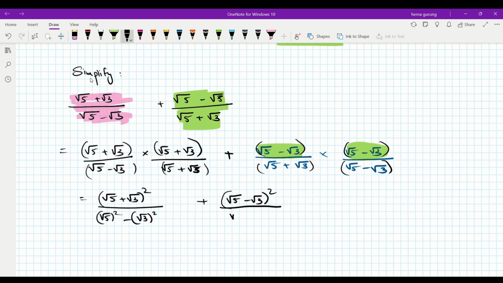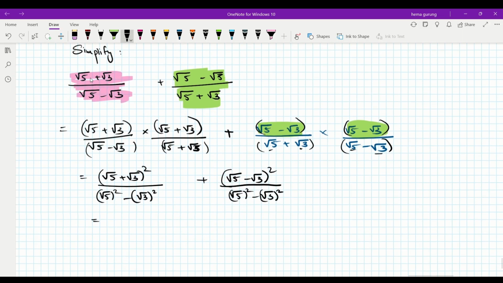Now again, root 5 whole square minus root 3 whole square, a plus b times a minus b, so a square minus b square. So what is it now? Apply a plus b whole square. What is it?